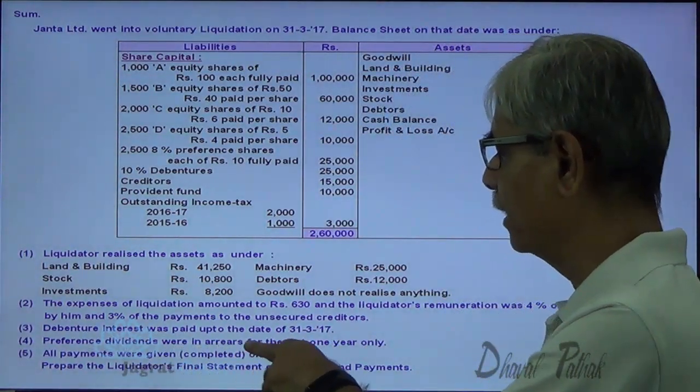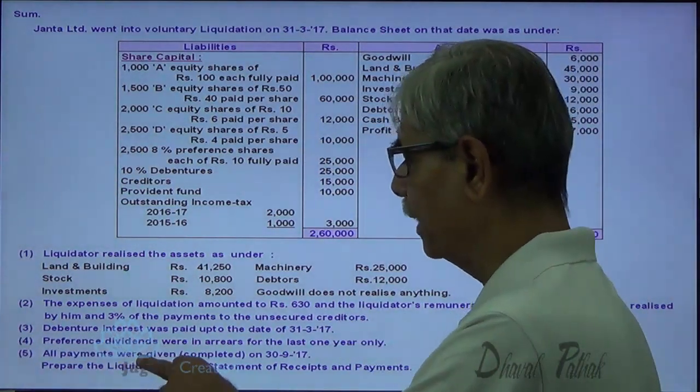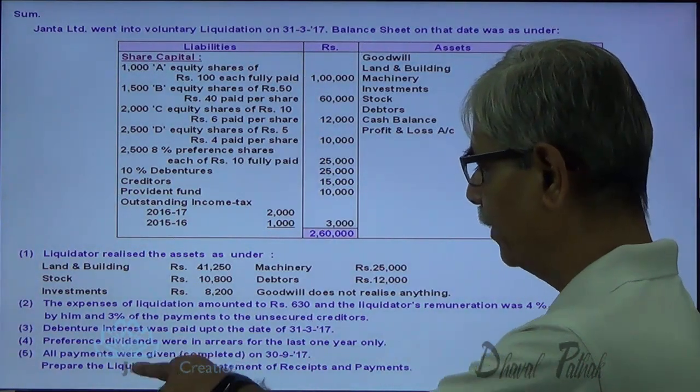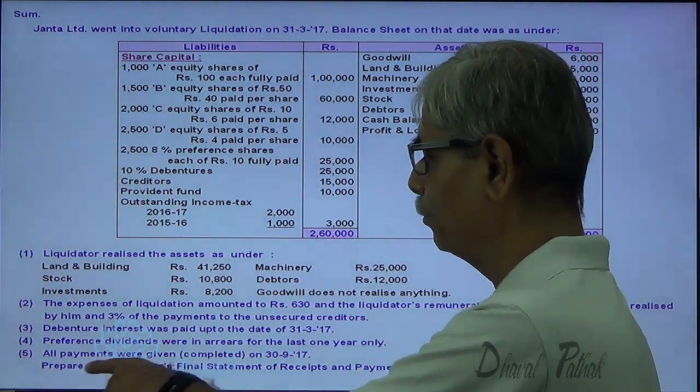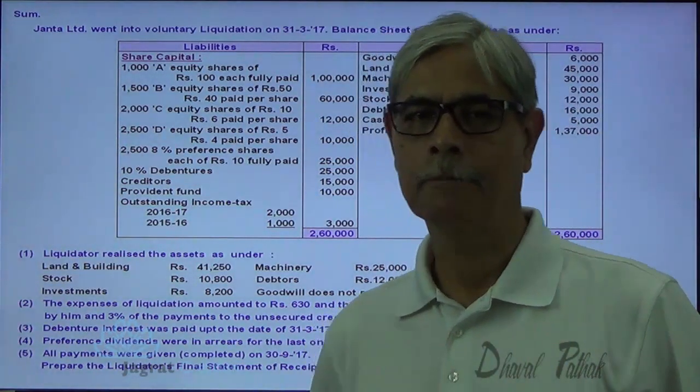Preference dividend were in arrears for the last 1 year only. All payments were completed, were given on 30th September 2017. Prepare liquidator's final statement of receipts and payment. On the basis of this, I am required to solve the sum. Now see.